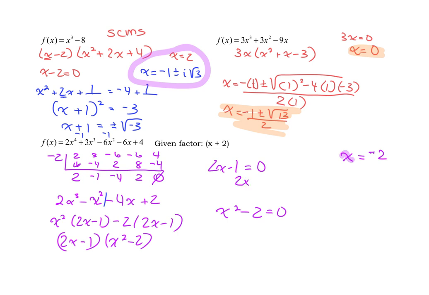Add the 1, divide by the 2. So x equals 1/2. Add the 2. Square root both sides. Don't forget your plus or minus. So x equals positive and negative root 2. I have 1 here, 1 here, 2 here, 4 total, degree of 4.